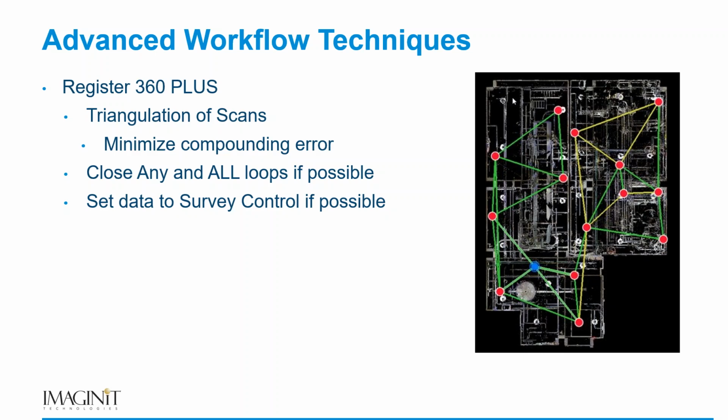The other thing is, if at all possible, let's set our data to control. A lot of people go, oh, that's a lot of work. No, it's not. What's a lot of work is trying to get it to align to a control if it's not set to control. You're spinning your wheels. You're wasting a lot of valuable time. If we can set it to control, we should set it to control.